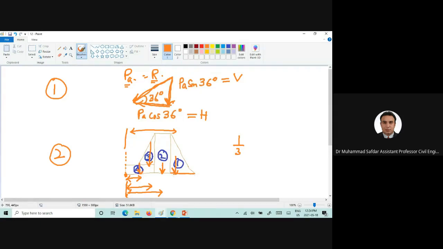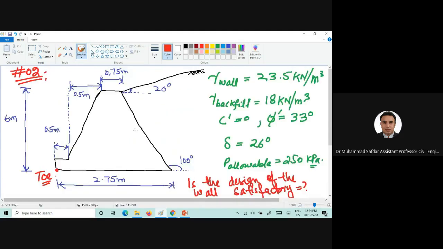So you will get the lever arm for the first one, and if you add this 0.5 and into 0.5, and I don't remember the width of this section, so I guess 0.75. Yeah, 0.75. So you can clearly see that we can calculate the values of the lever arm.